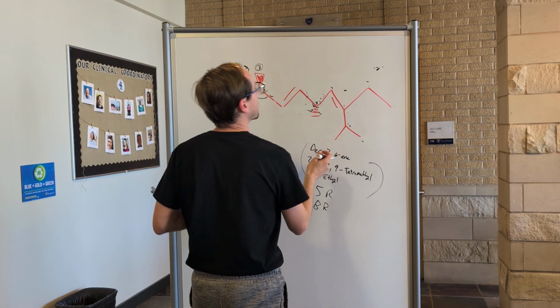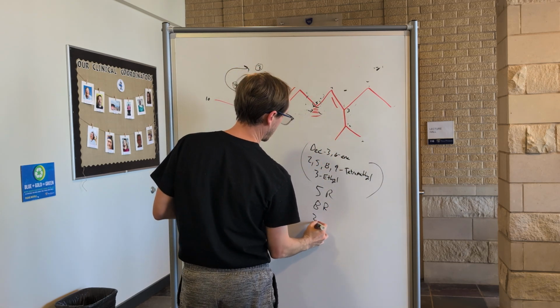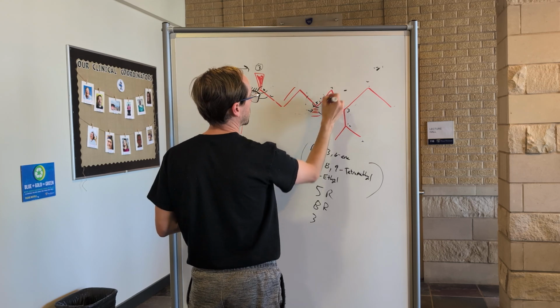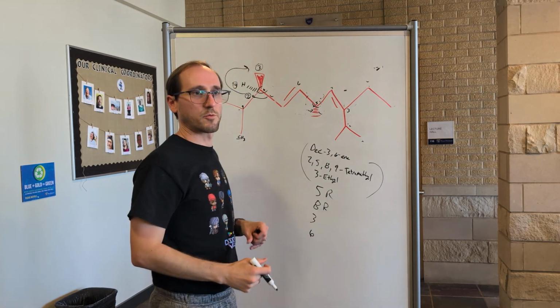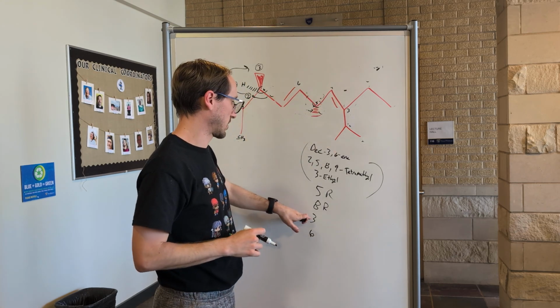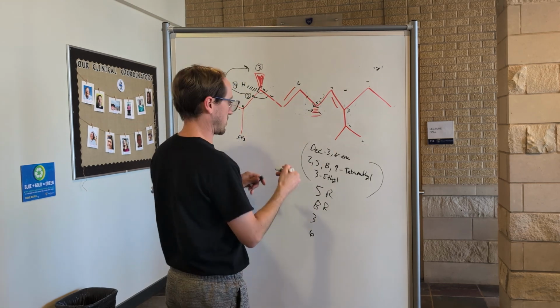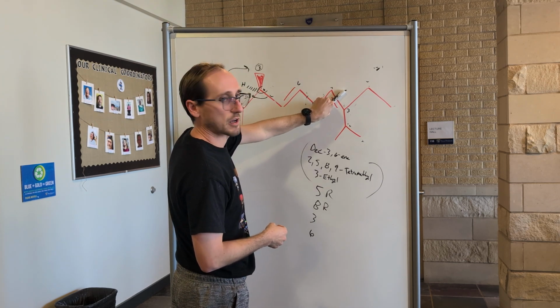Alright, so I'm going to look at this, which is 3, and I'm going to look at 6 here. That's where our double bonds are. We label it according to whatever the first carbon is. So it's going to be at the 3 spot and the 6 spot. First, I'm going to split this double bond, looking at each side.